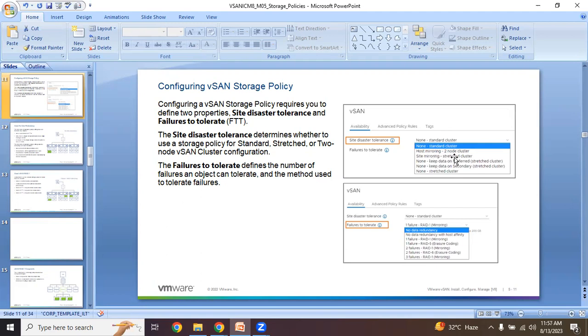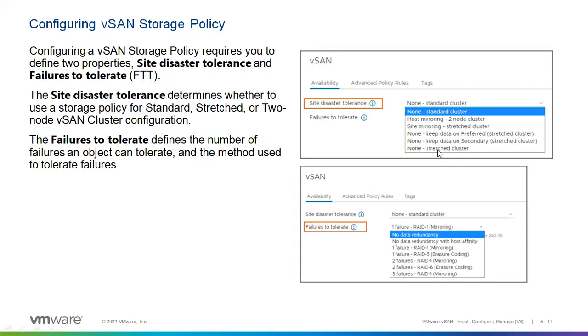I just explained this one, site mirror stretch cluster. Okay. But even if I have a stretch cluster, I may want to keep preferred data on the primary site, or preferred data on the secondary site. Or for a certain set of VMs, I don't want the data to be mirrored. So you could make it none as a stretch cluster.